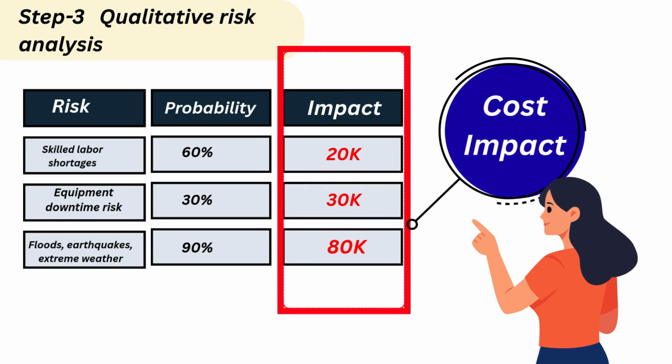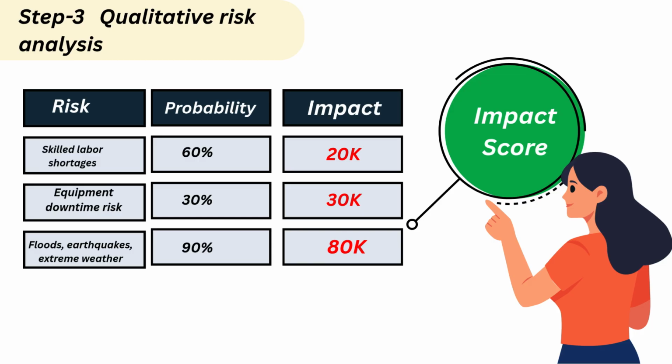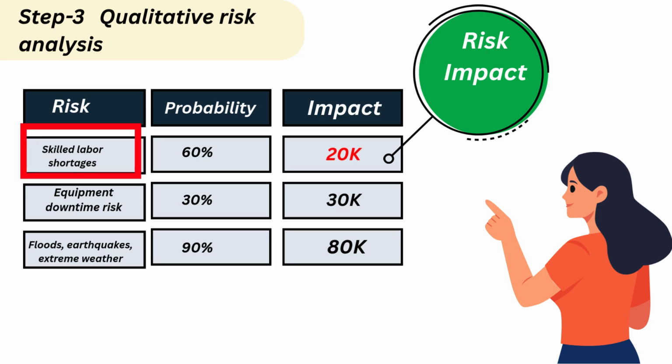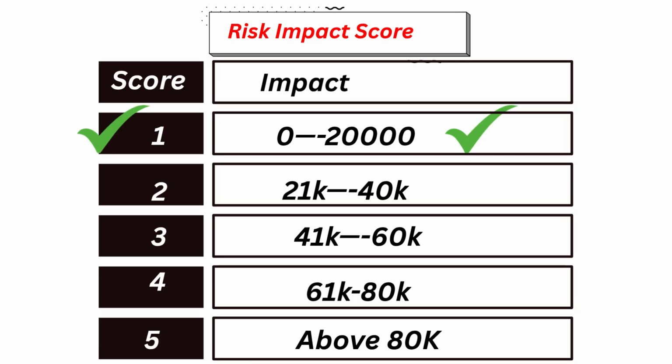After calculating the cost impact for each risk, now we need to give a score to each cost impact using this table. The impact for the first risk, skilled labor shortage, is 20K. If you see in this table, 20K lies in score 1, right? We can give score 1 to it.